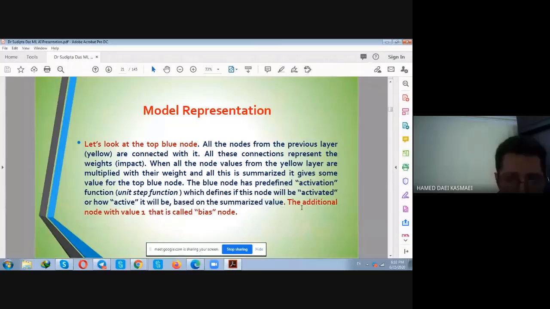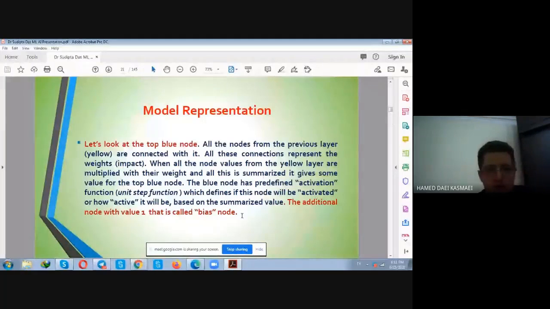The additional node with value 1 is called the bias node. The bias node is the initial node that you consider for the initial approximation about the function, about everything that you have as a supposition at first.